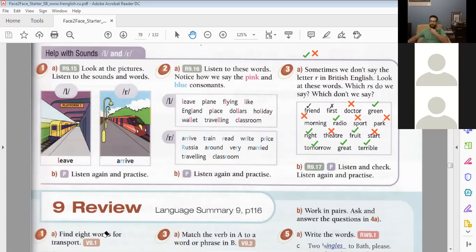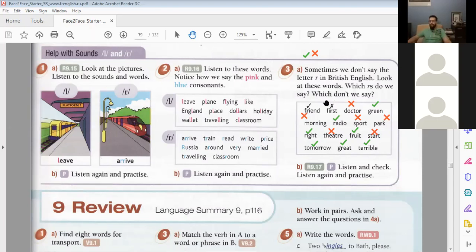Park. Right. Theatre. Fruit. Start. Tomorrow. Great. Terrible.